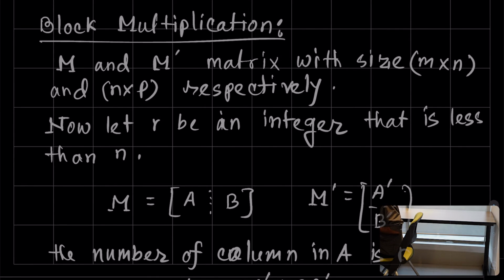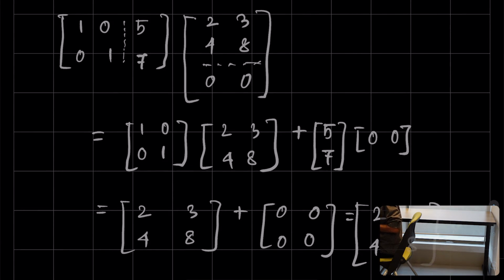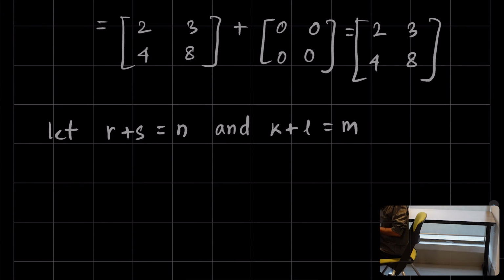So I define the matrices M and M prime of size m cross n and n cross p, and I take the integers r and s, whose sum is n, and k plus l is equal to m.